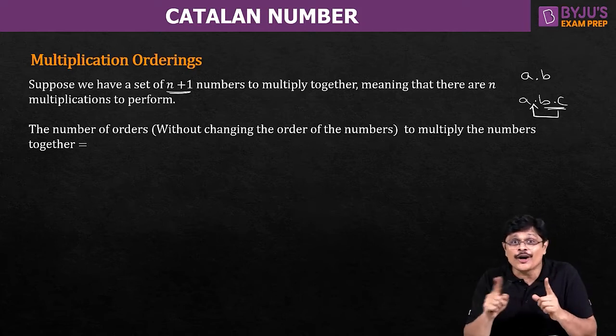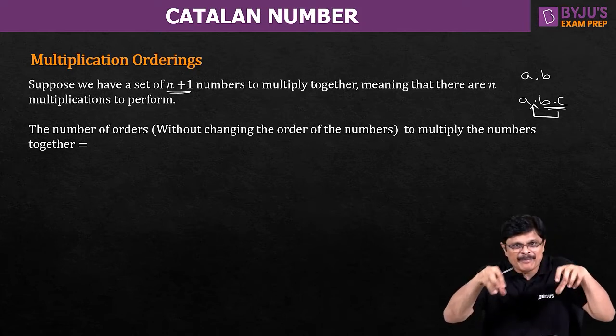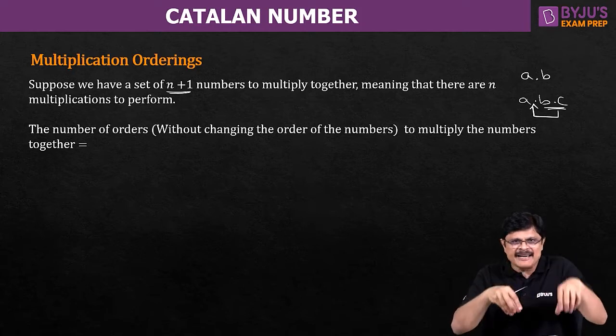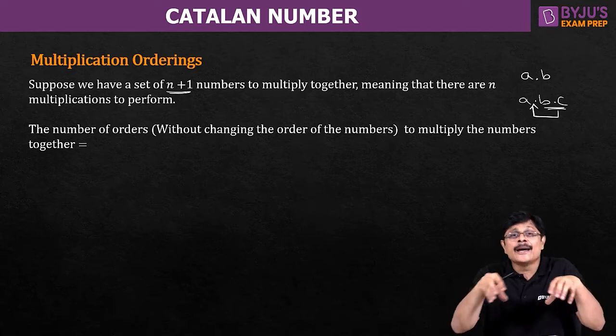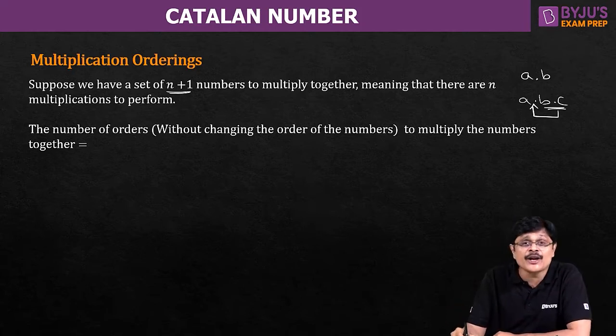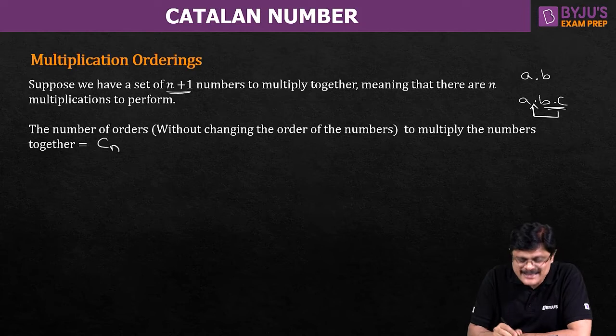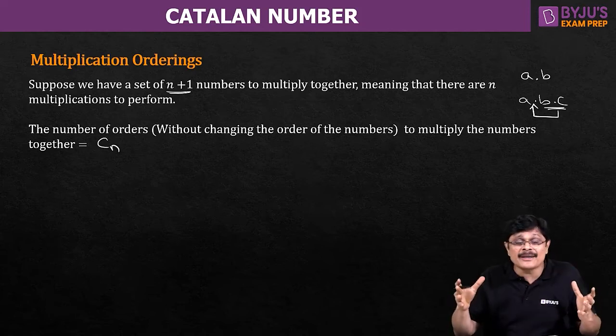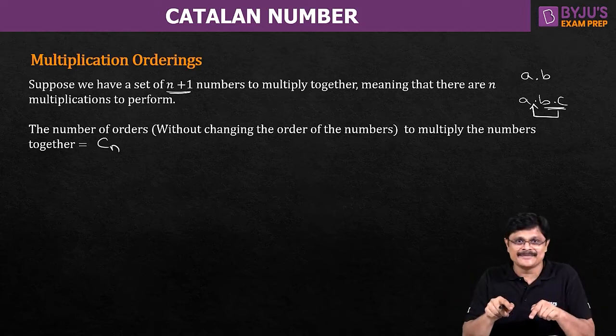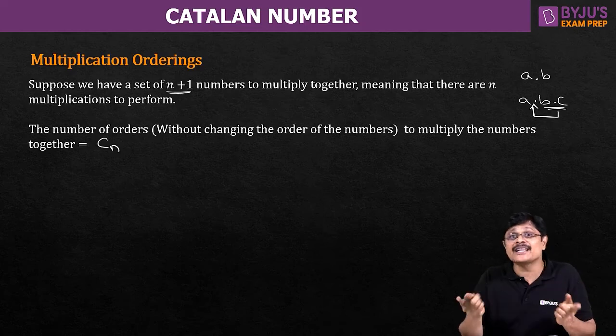Numbers stay in their places: A, B, C means A first, B second, C third only. The number of multiplication orders possible to multiply n plus 1 numbers is given by the formula Cn.